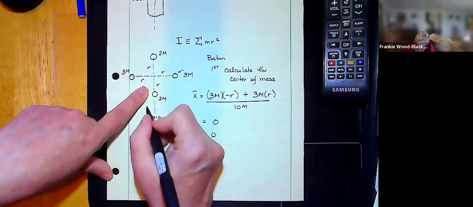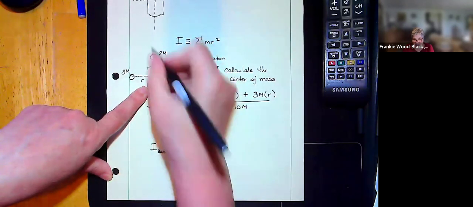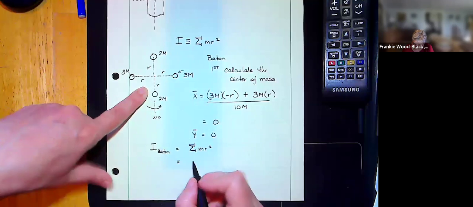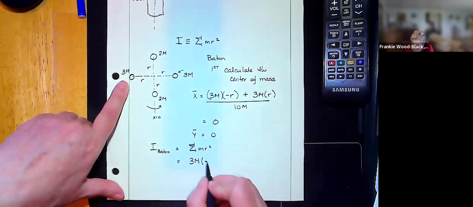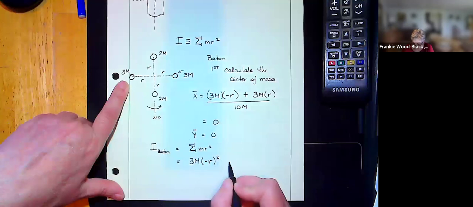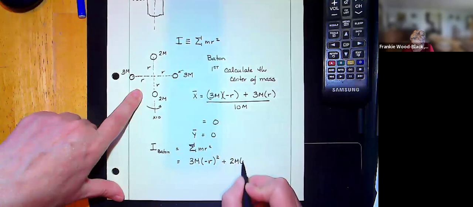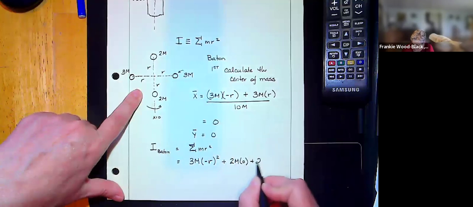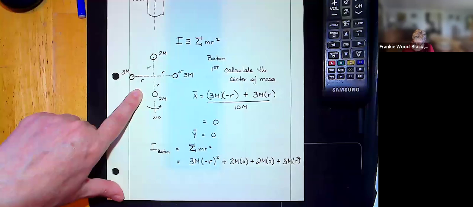If we rotate it around the axis of the 2m, I'm going to get my 3m at minus r squared, my 2m at 0, plus my 2m at 0, plus my 3m r squared for that side.